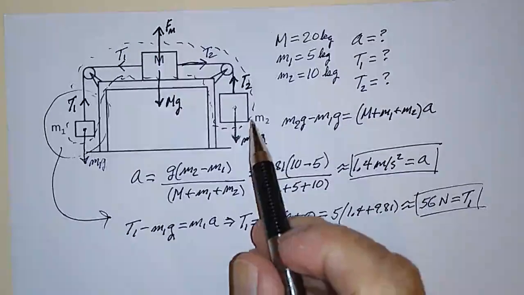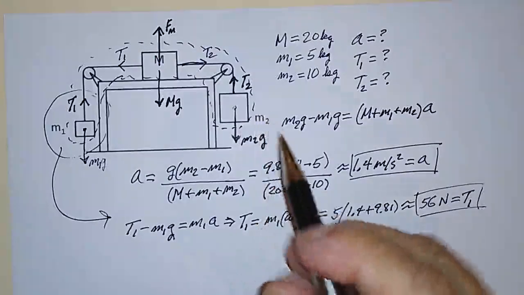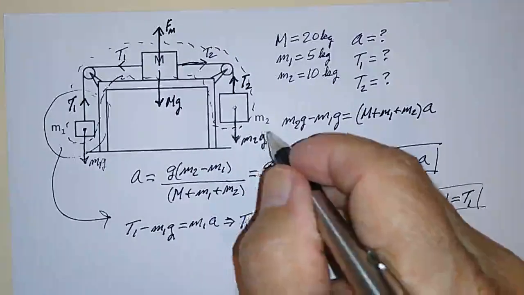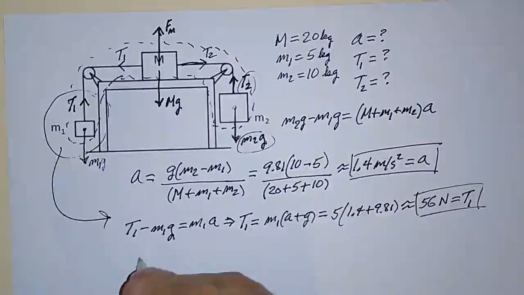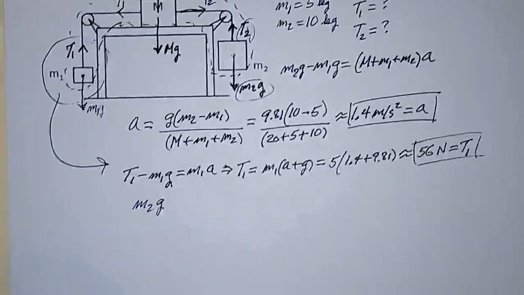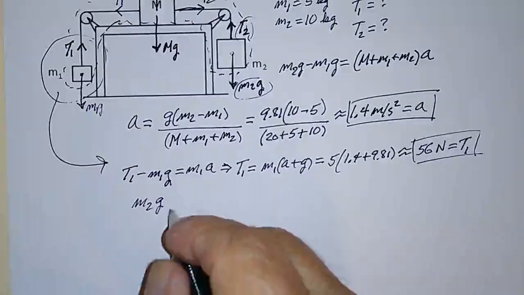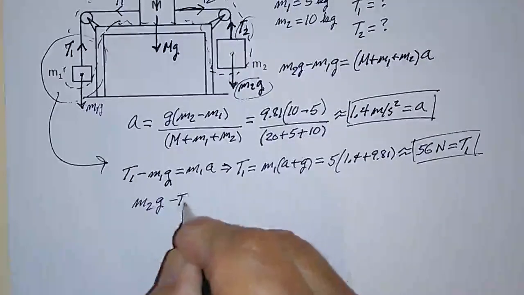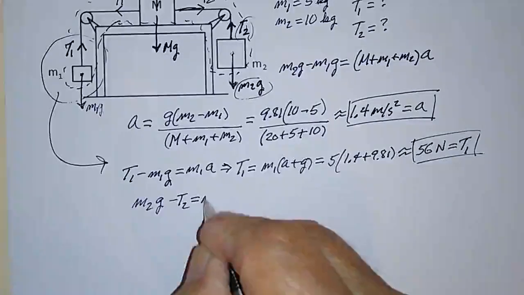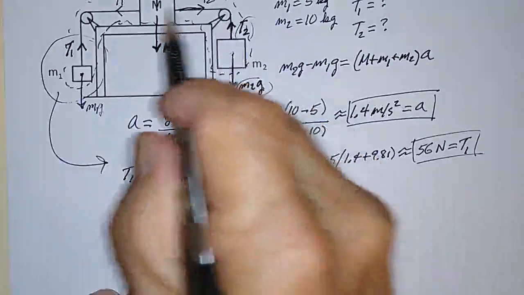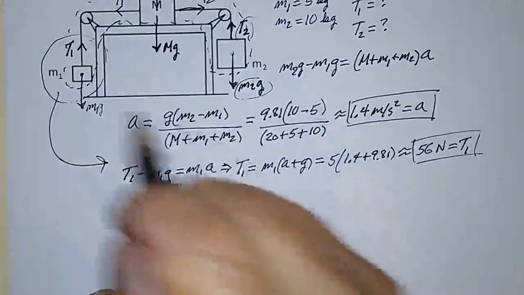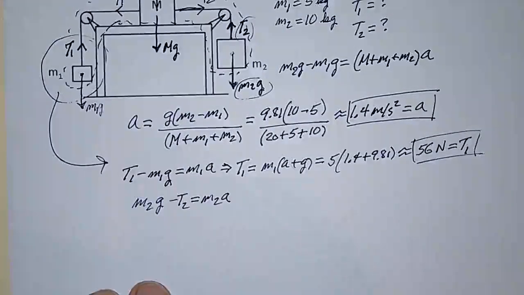What about T2? We can do exactly the same thing, only in this case this force is bigger than this force, since it's accelerating this way. So I can write that m2g minus T2 is equal to m2 times a. It's the same a because they're all connected together and all accelerating at the same rate.